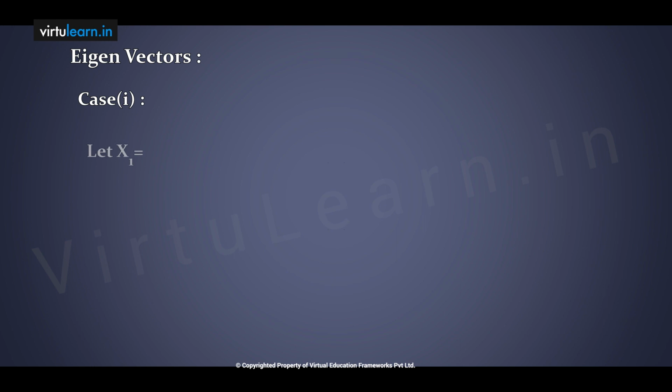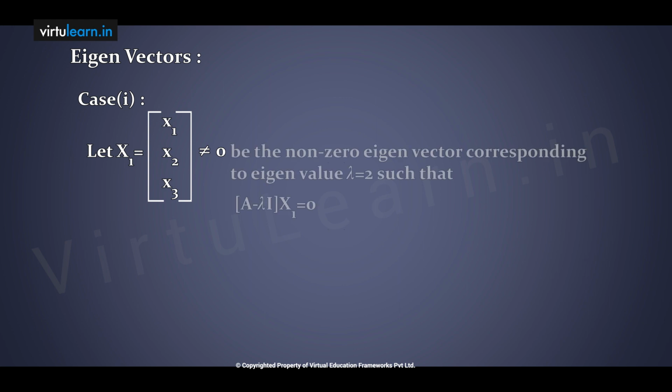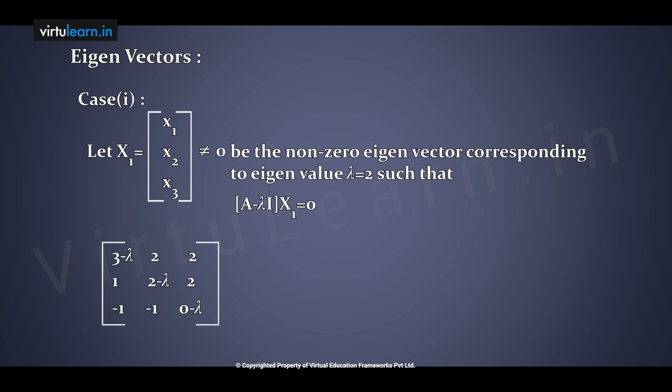Case 1: let x1 equal to the vector x1, x2, x3, which is not equal to 0, be the non-zero vector corresponding to eigenvalue lambda equal to 2, such that matrix A minus lambda I into x1 equal to 0. Once again I am writing that characteristic matrix, 3 minus lambda, 2, 2, 1, 2 minus lambda, 2, -1, -1, 0 minus lambda, into vector x1, x2, x3, equals the zero matrix.